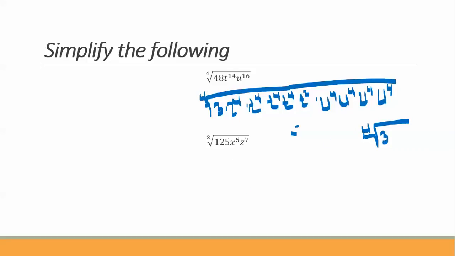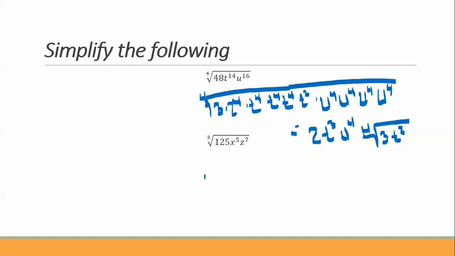The 4th root of 2 to the 4th is 2. The 4th root of t to the 4th is t, and we have 3 of those, so that'll be t cubed. The 4th root of t squared we can't do anything with. And then we have the 4th root of u to the 4th, which would be u. And we have 4 of those, so that's u to the 4th.